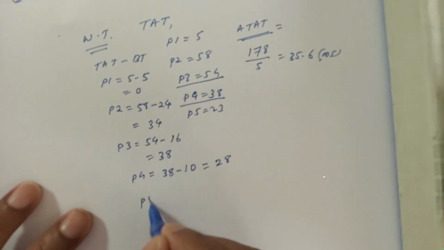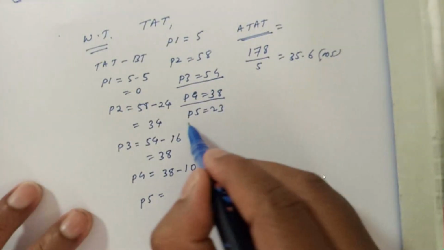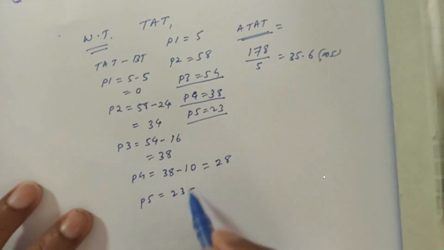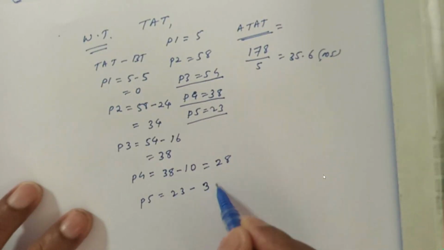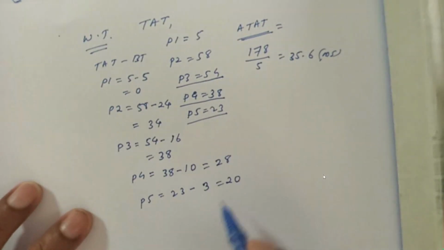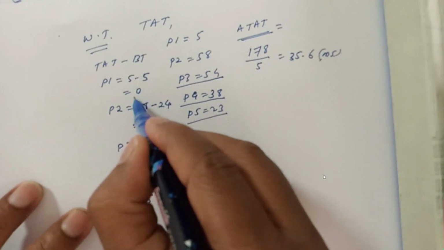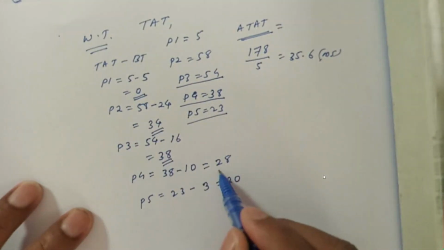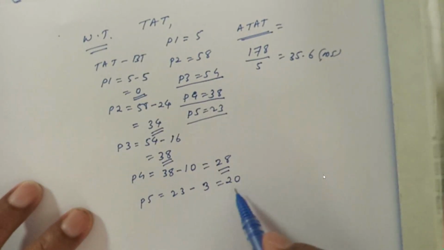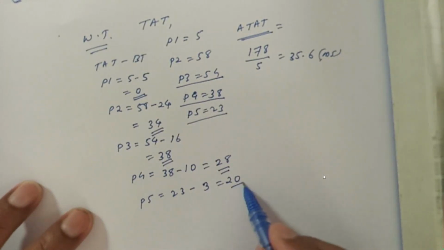And finally for process P5, the turnaround time is 23 minus the burst time 3, that comes around 20, waiting time 20. So here we have waiting time 0, 34 for P2, 38 for P3, 28 for P4, and for P5 it is 20.